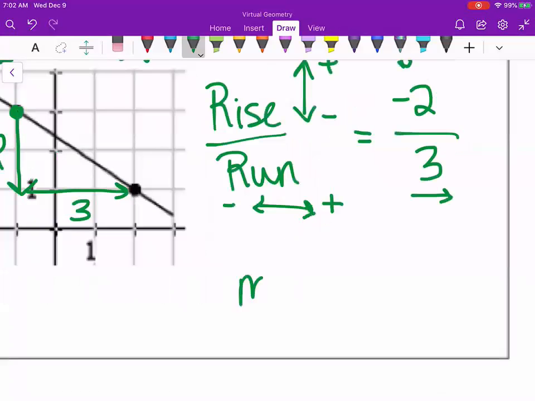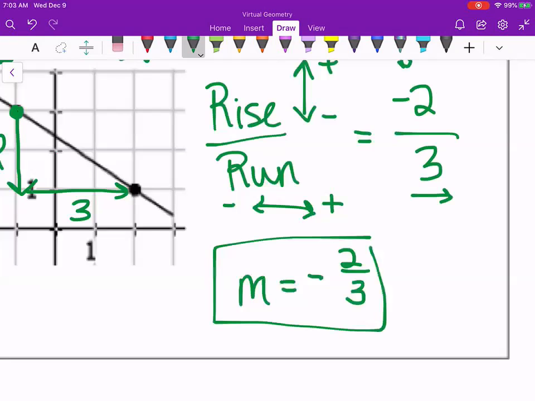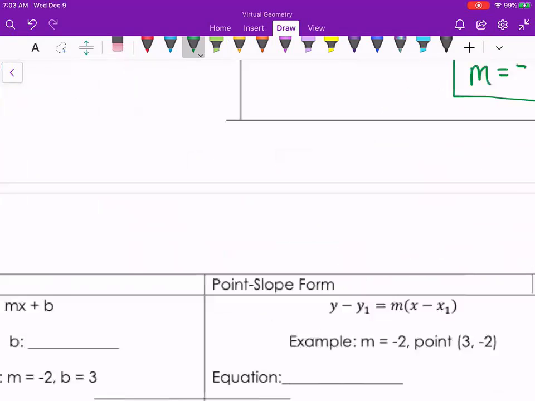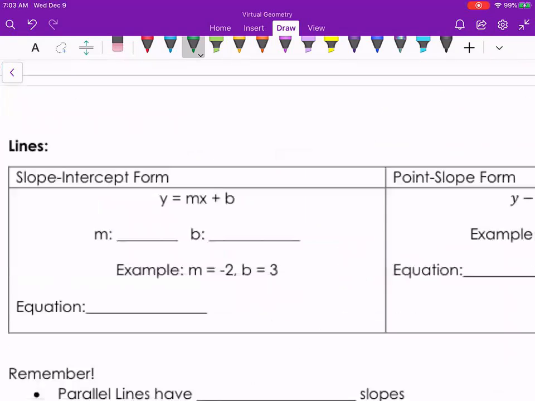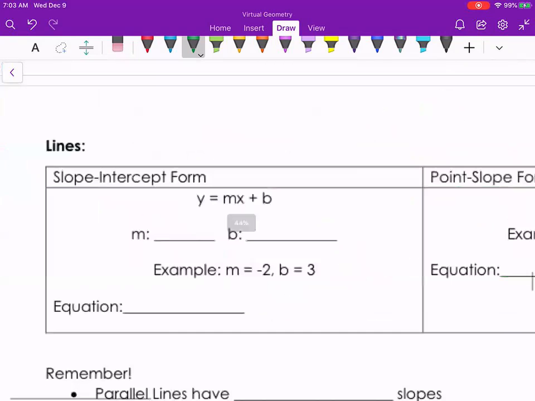So now my final slope, if I simplify or reduce that fraction, is negative 2/3. So remember, we can just bring that negative to the front of the whole entire fraction. It doesn't go to both, it just goes from wherever the negative came from. But again, as we write our final fraction, all the way in the front. So rise over run is very similar to doing Pythagorean theorem, where we drew that right triangle.